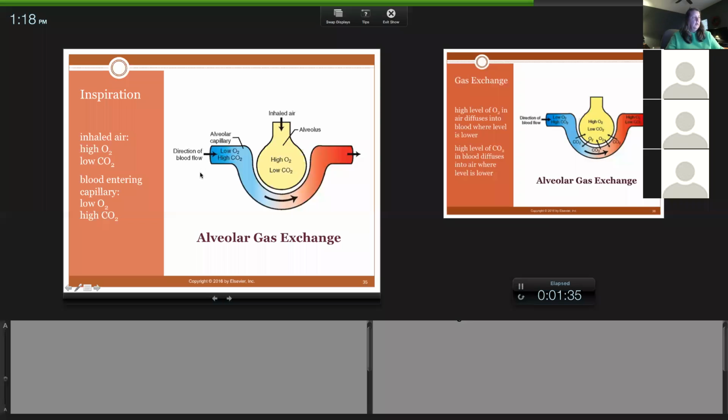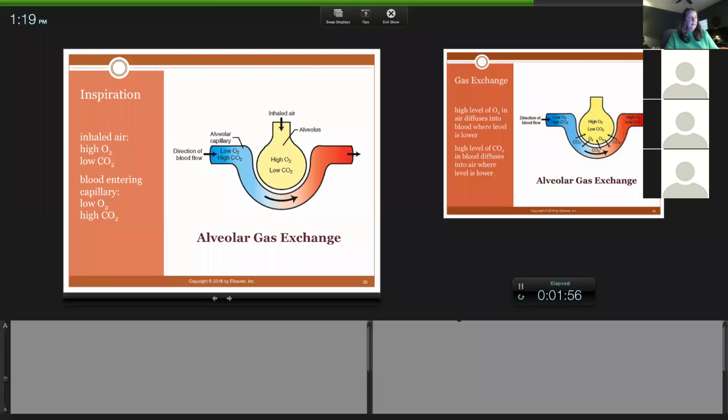Now, the blood in the capillary is coming to the alveolus. You can see the arrow. Obviously it's blue right now because it's high in carbon dioxide. This blood had just come from the body, from the right side of the heart, and is entering pulmonary circulation.